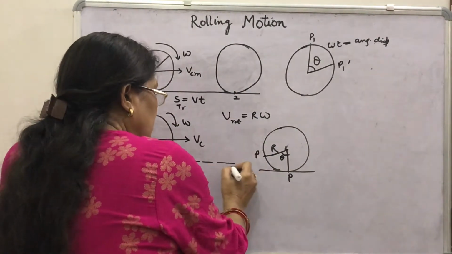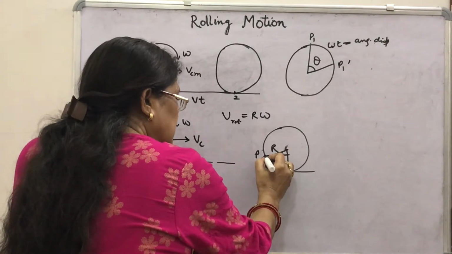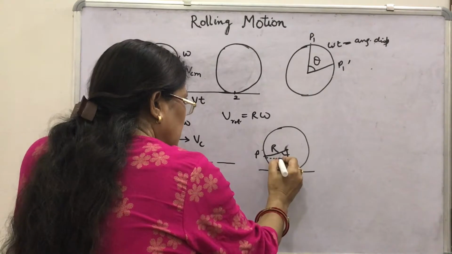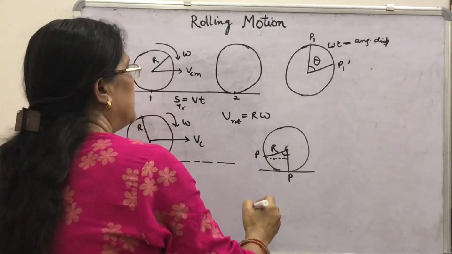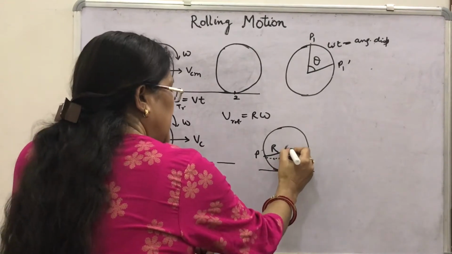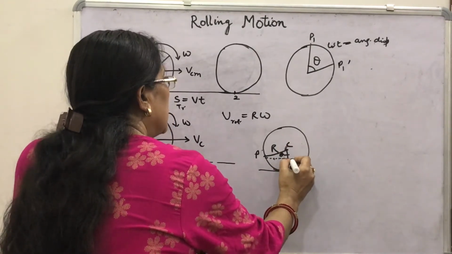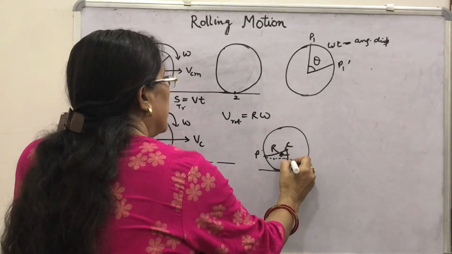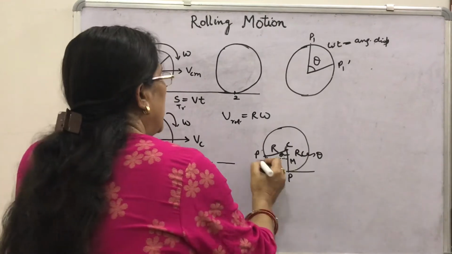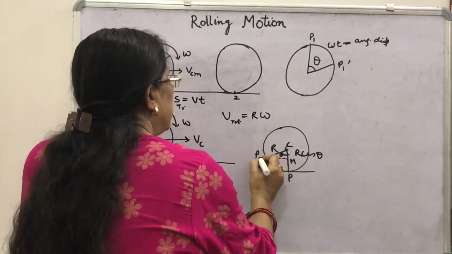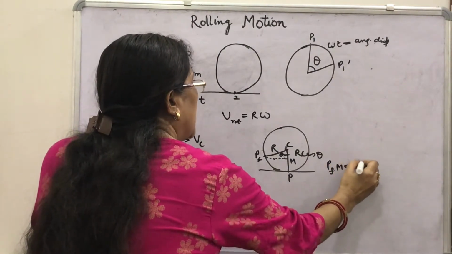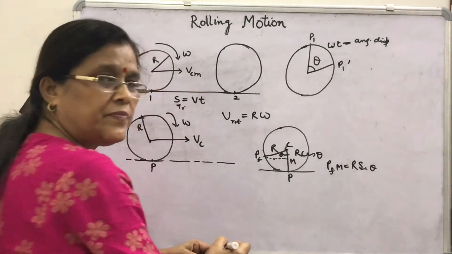Then I write here, this is the perpendicular drawn, then if this is the angle theta, I take this name as M, then the CM will be R cos theta, and this PM, this P final M, will be R sin theta.